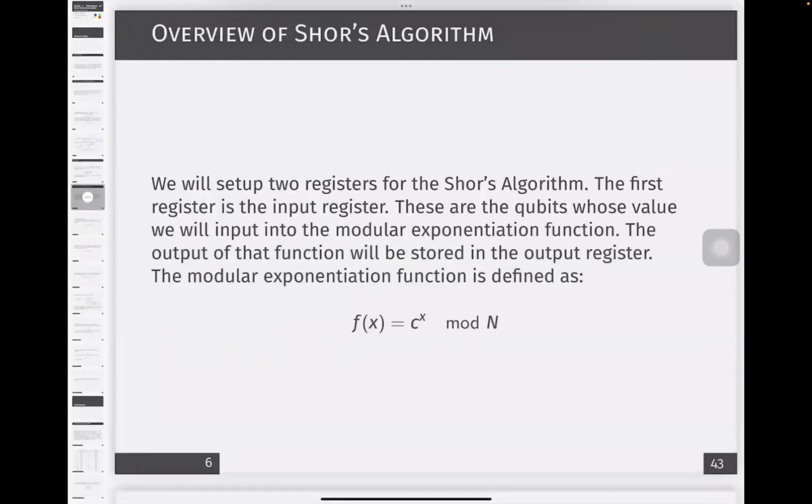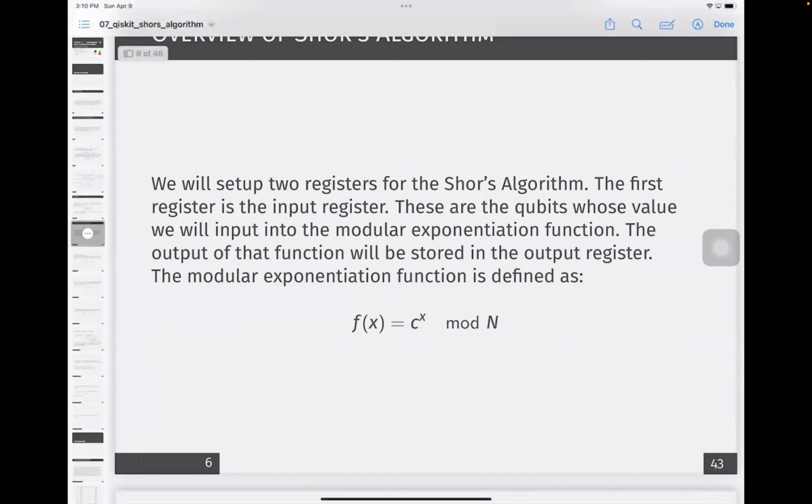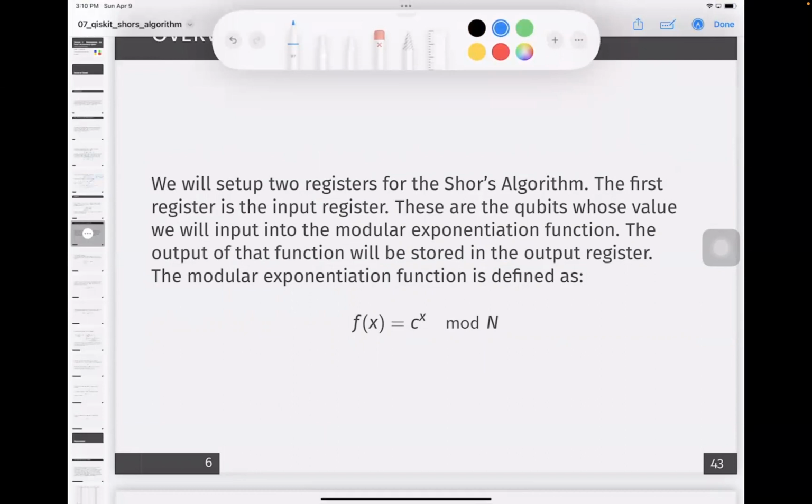Okay, so let's give an overview of Shor's algorithm. Shor's algorithm requires two registers, the input register and the output register. Let the input register represent all numbers x between 0 and 2 to the n minus 1, where n is the number of qubits.